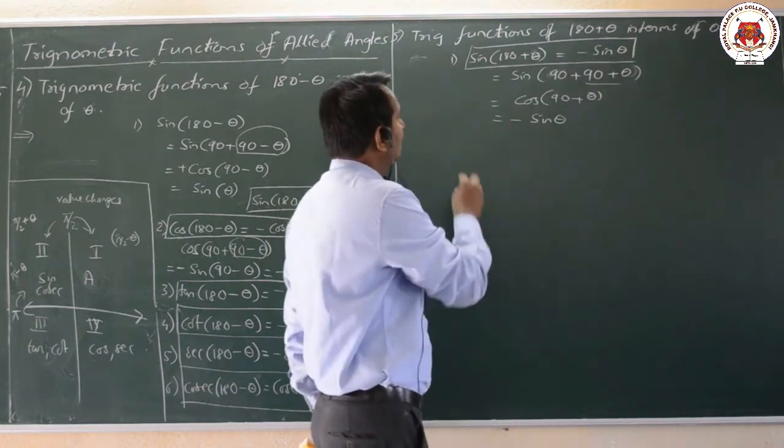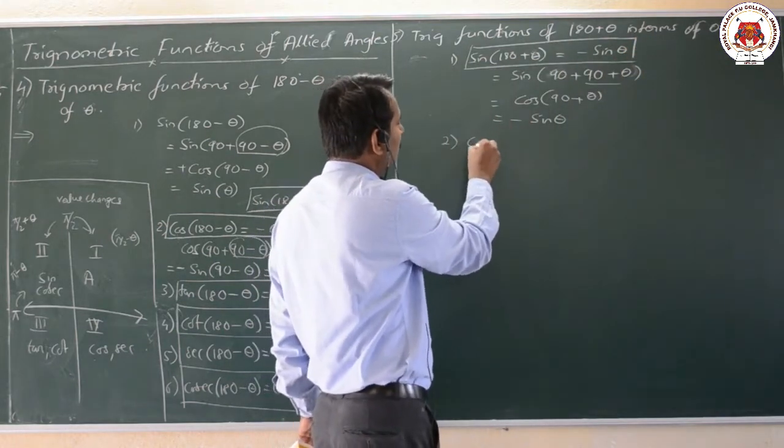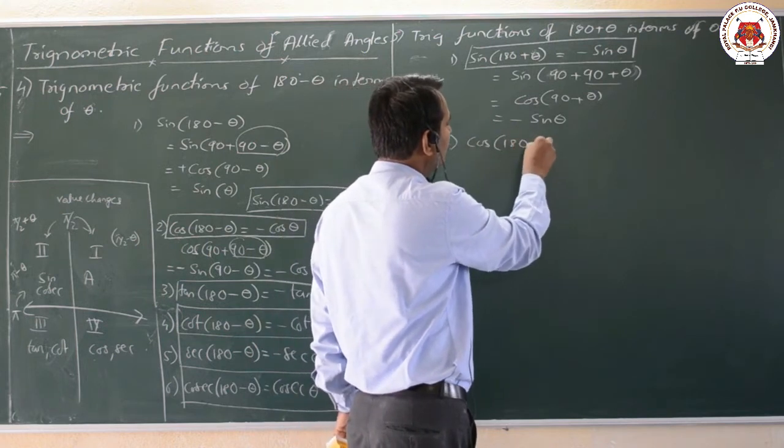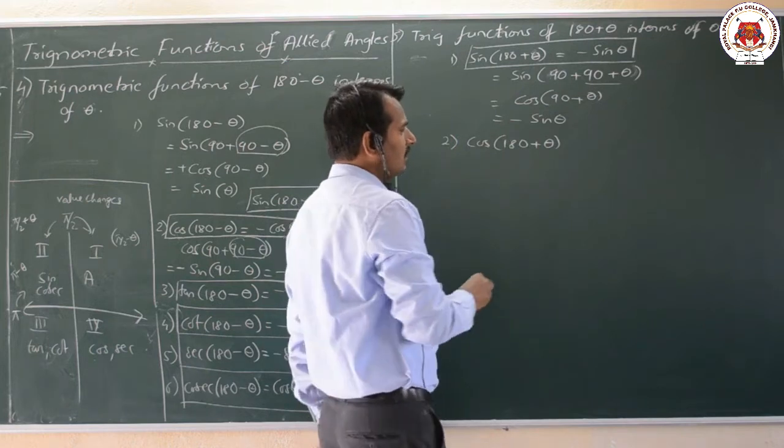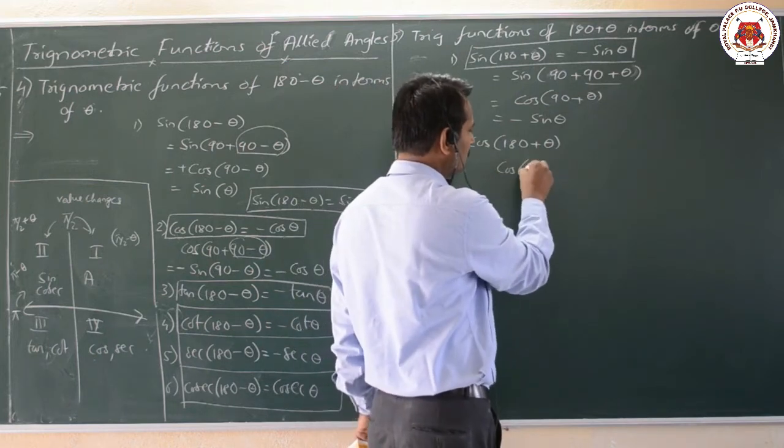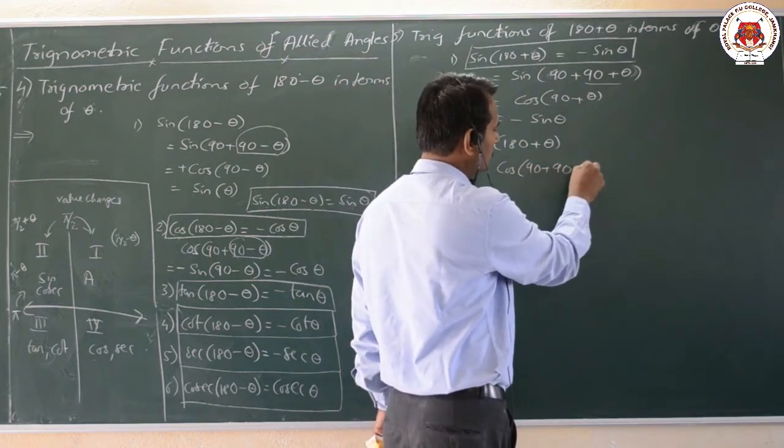Okay students, now the second one, cos of 180 plus theta. That means cos of 90 plus 90 plus theta.